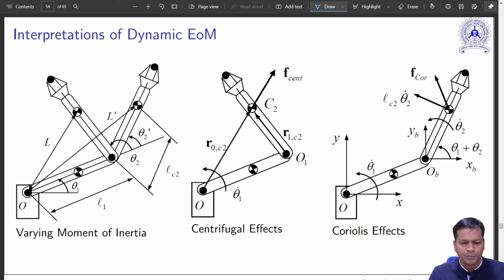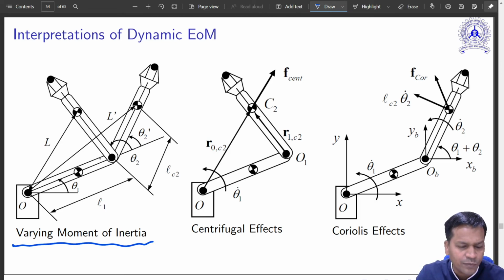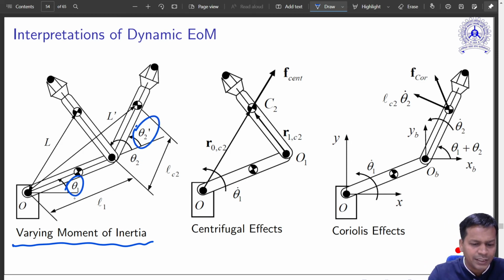I hope I have already explained the interpretation of this. So, the moment of inertia varies, the inertia matrix varies, because the joint angles are changing. Every time, the link lengths and the distances of the different centers of mass are changing.